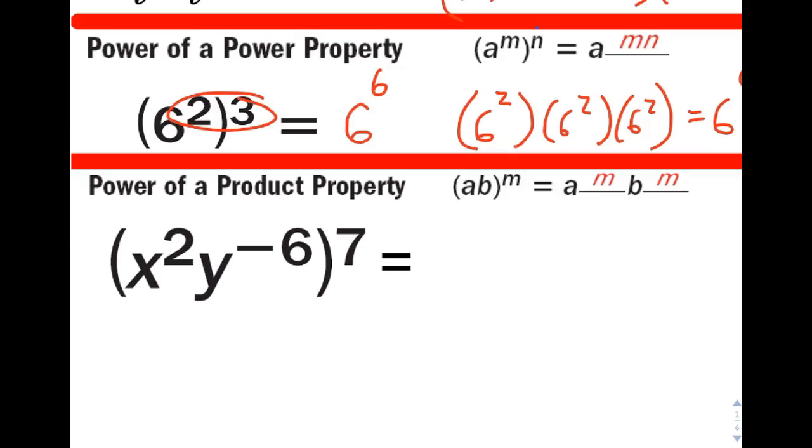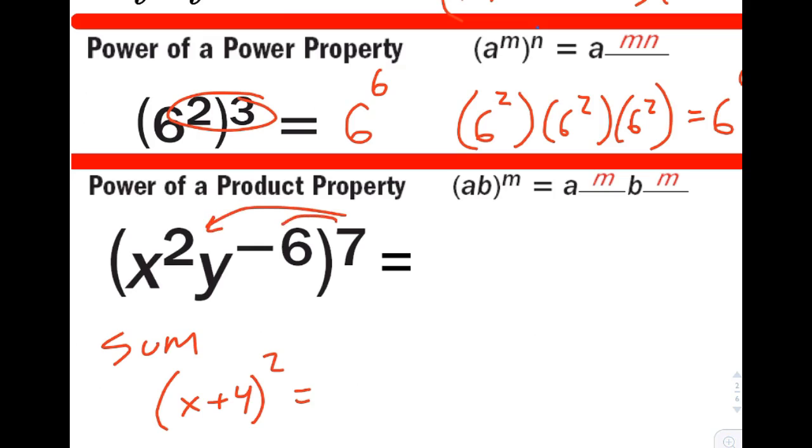One of the most important rules to remember is the difference between the power of a product, which you see in this example, and then the power of a sum, which is one that we see quite often in our work in quadratics. When you have two things multiplied together, you essentially can think of this as distributing this 7. So this would turn into an x squared to the 7th times a y to the negative 6th to the 7th.